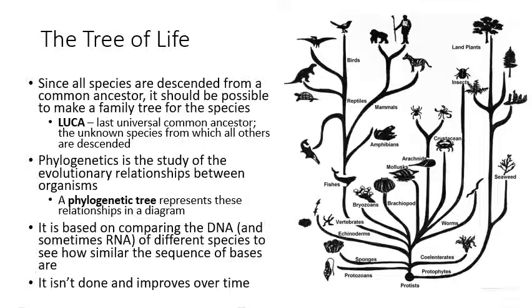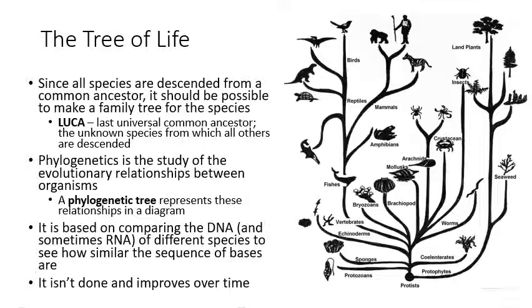It's actually pretty hard to build phylogenetic trees. It's hard to know how closely organisms are related to each other, or what exactly the evolutionary relationships between organisms are. Usually we would try to figure that out by looking at genetic sequences. So we would be looking at the DNA of different organisms. Sometimes we're looking at their RNA.